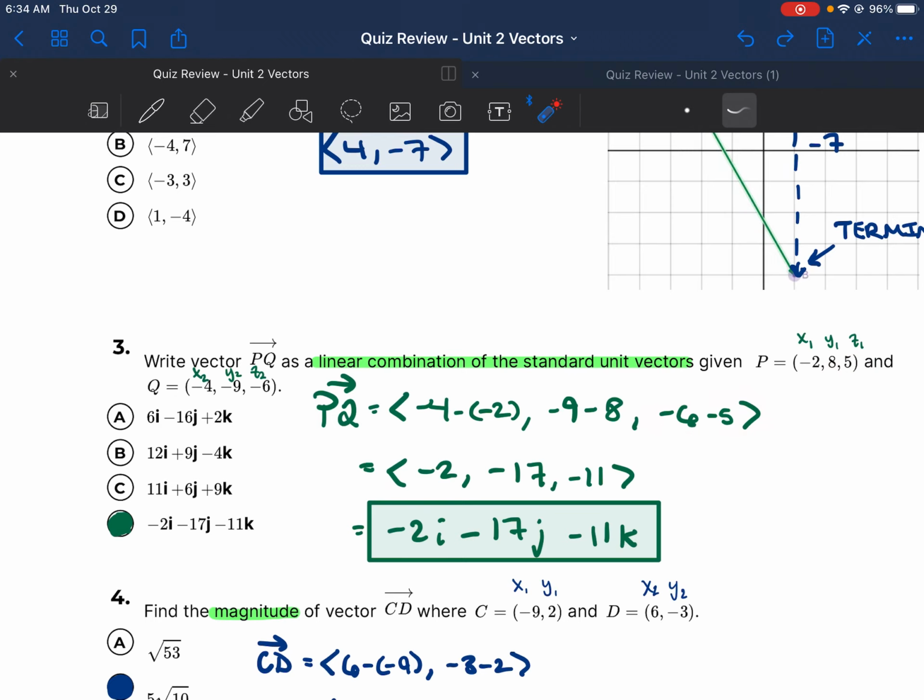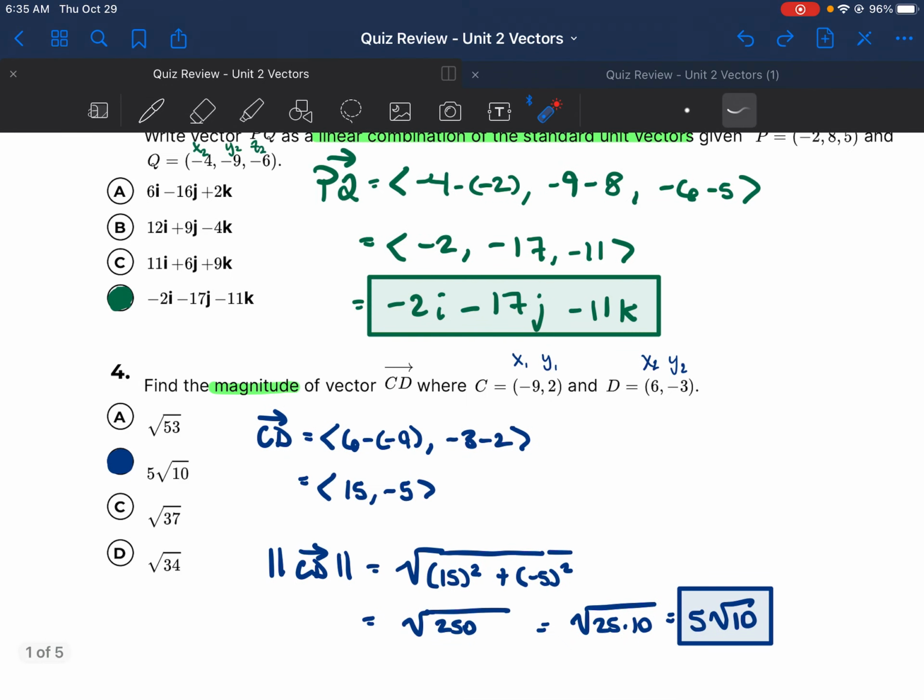Performing those calculations, we get negative 2, negative 17, negative 11. Now notice that this is in component form. I want to turn it into a linear combination of the standard unit vectors i, j, and k. So negative 2 is negative 2i, negative 17 is minus 17j, negative 11 is minus 11k.